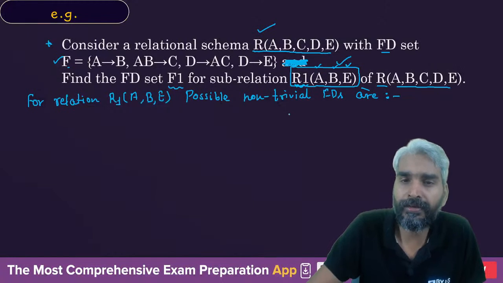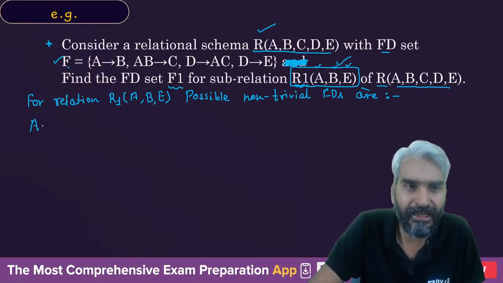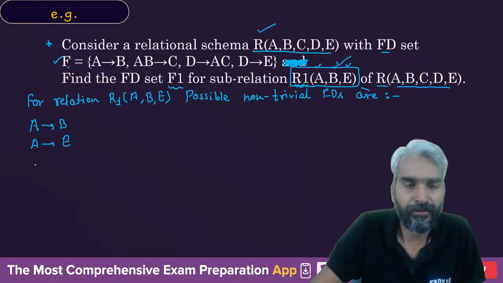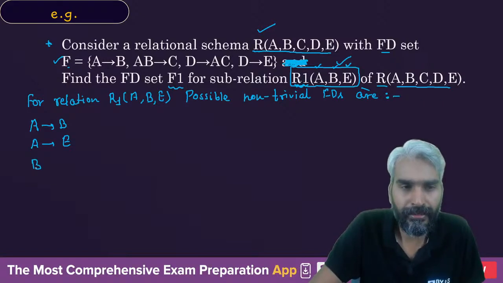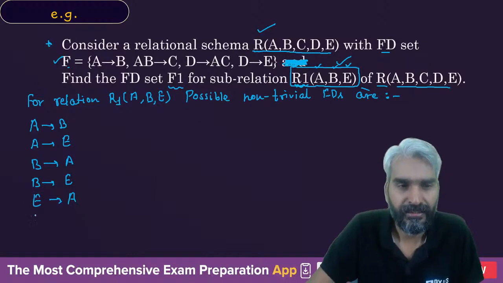The possible non-trivial FDs are: A implies B, A implies E, B implies A, B implies E, E implies A, E implies B.